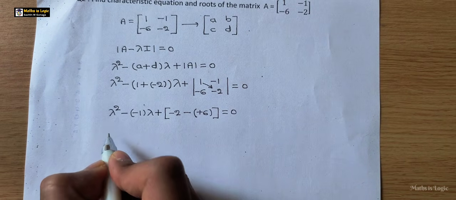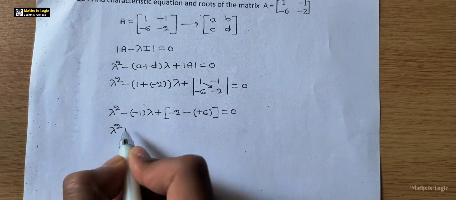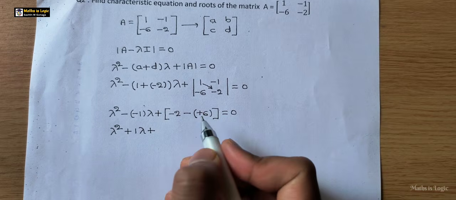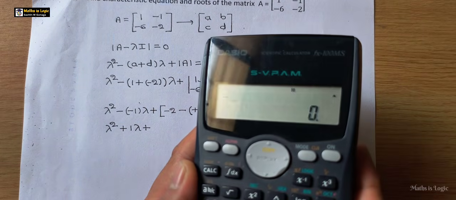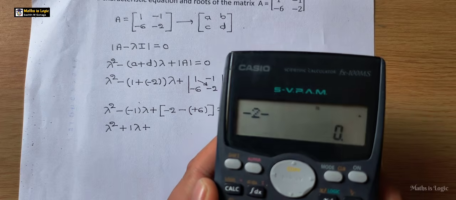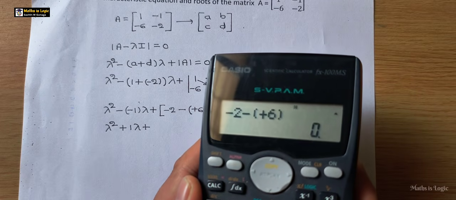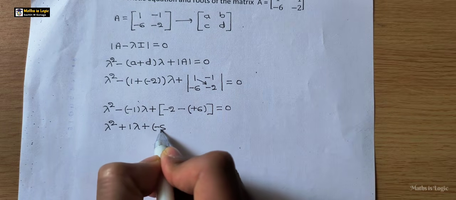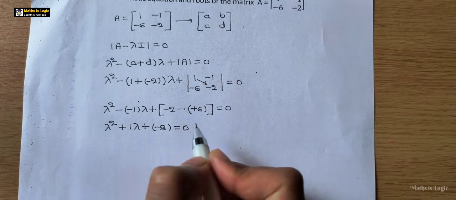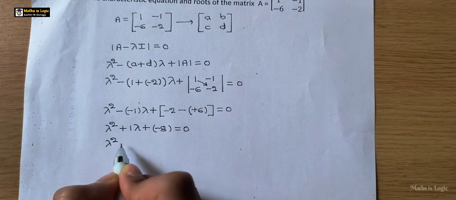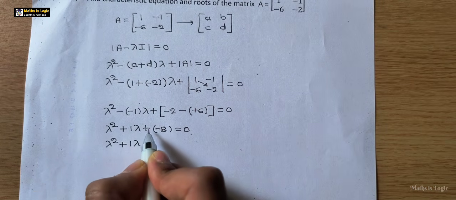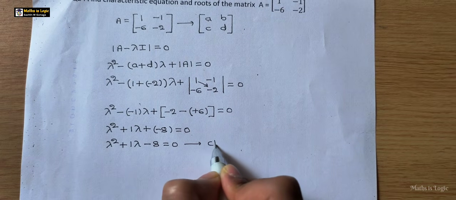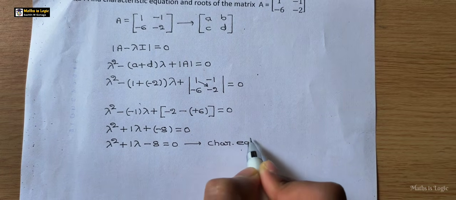So next, therefore lambda square, minus into minus is plus 1 into lambda plus, again use the calculator, minus 2 minus of in bracket plus 6. So what is the answer? Minus 8. In bracket minus 8 is equal to 0. Therefore lambda square plus 1 lambda plus, into minus is minus 8, is equal to 0. So this is what we call the characteristic equation.